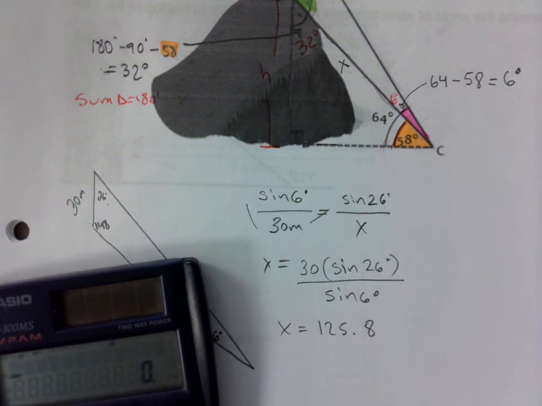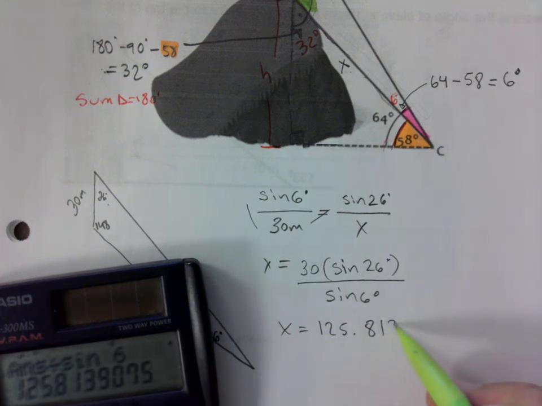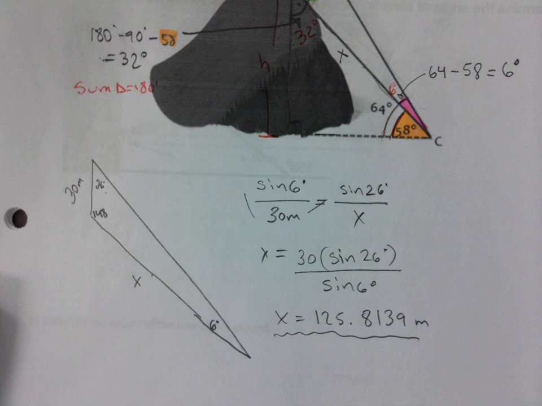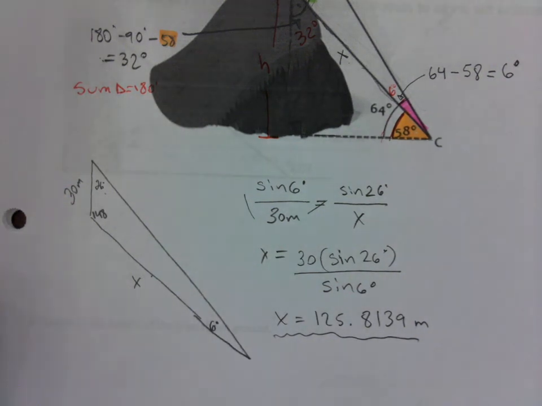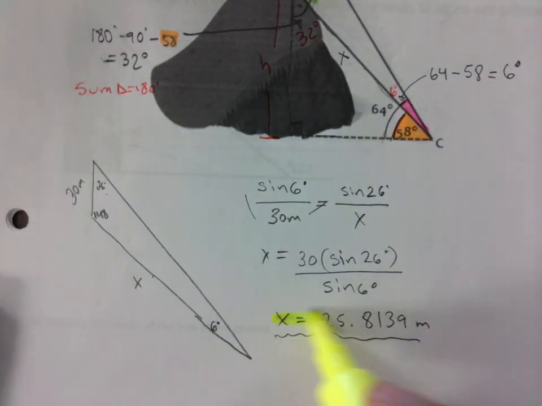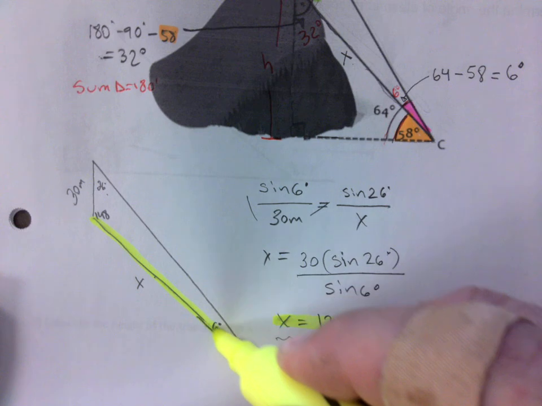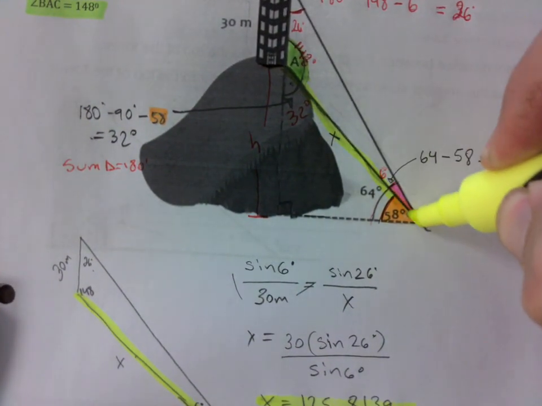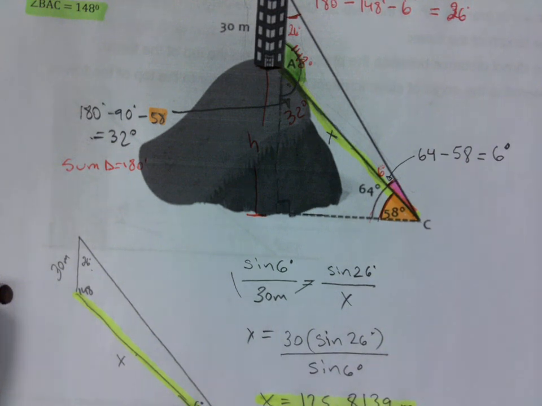But I need to redo this because I have to use 4 decimals. 125.8139. This is important, but not yet the ultimate. I need a color that I haven't used yet. I'm going to use this one. This is this side, and the big one here is this one. It's getting too crazy, right? Yeah, I know.